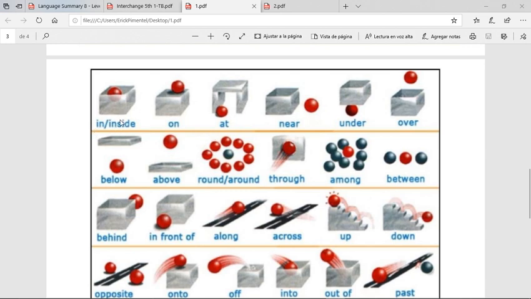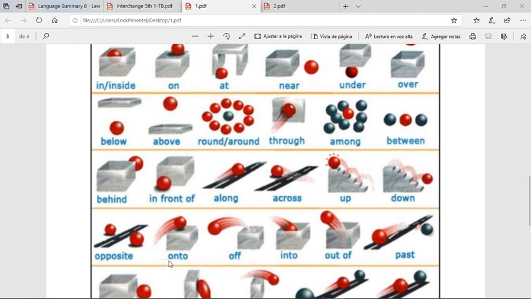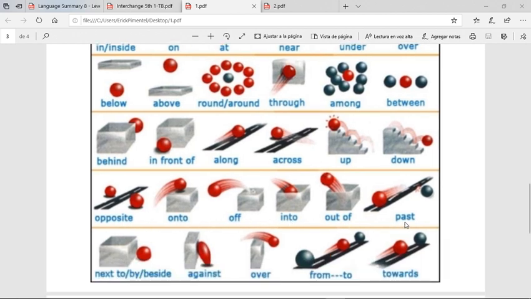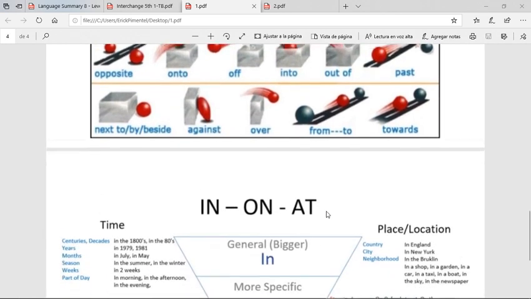But it's in, inside, on, at, near, under, over, below, above, round, around, through, among, between, behind, in front of, along, across, up, down, opposite, onto, off, into, out of, past, next to, by, beside, against, over, from, to, towards.